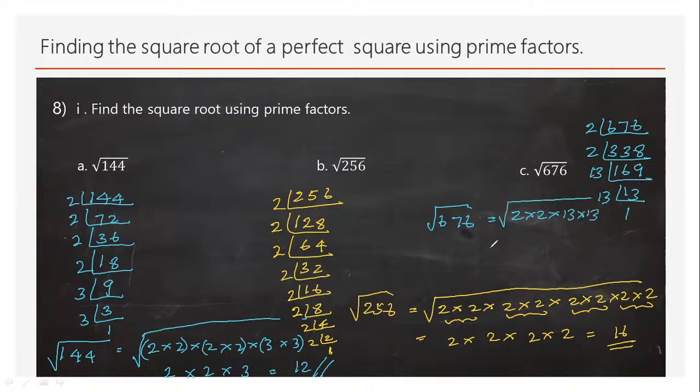Then take 2 from here, then take 13 from here, 26. The square root of this number is 26. 2 times 13, that is 26.